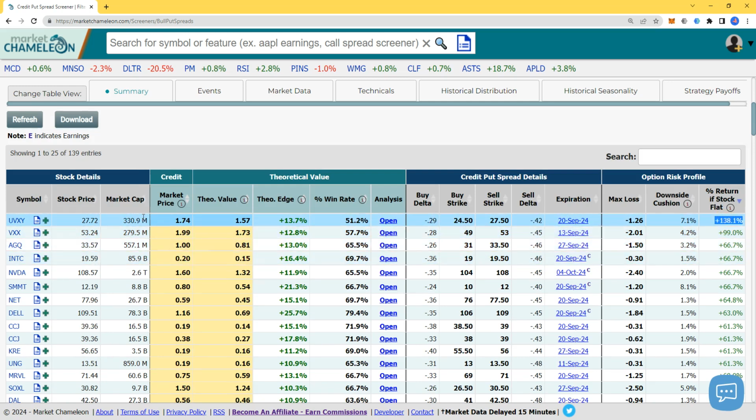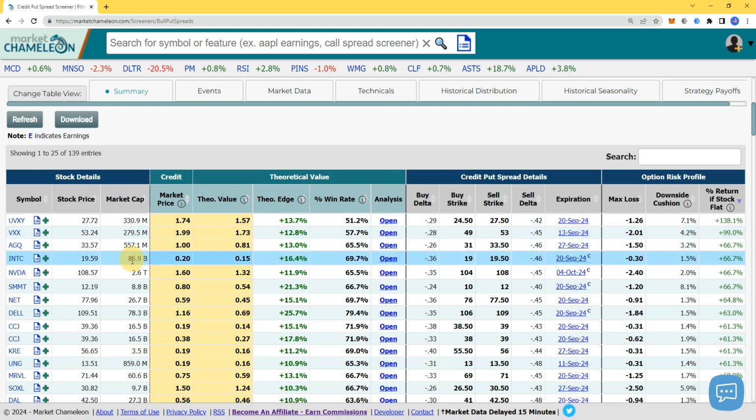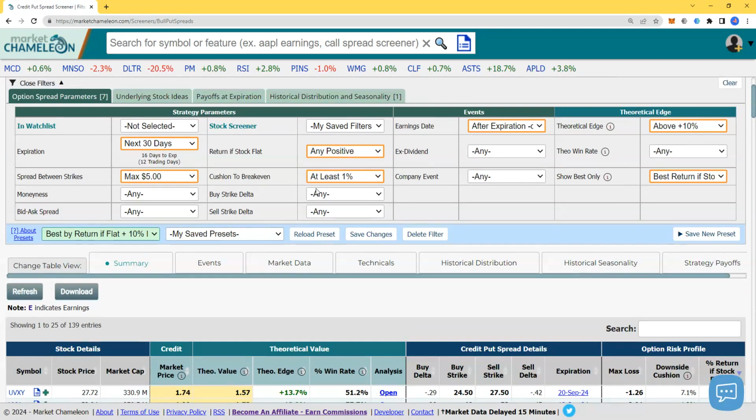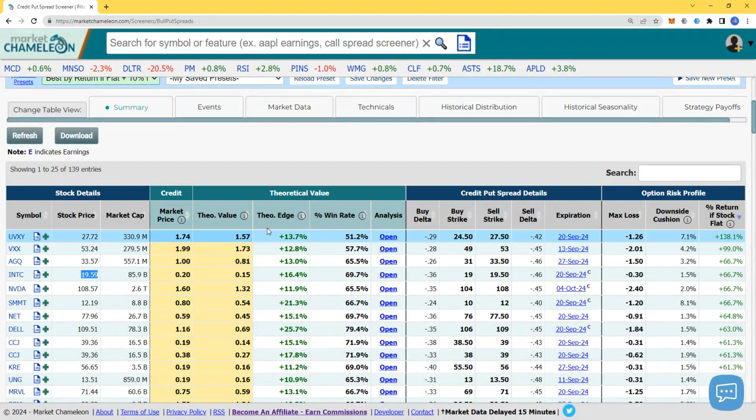I'm looking for something that I know. Something that I know, so that's Intel and Nvidia. Let's see what we got for Intel. 19.6 is the price today. Okay, now I hope you understand why I moved here, because we are doing the filter best return if stock is flat. So if return by flat, I'm not gonna play around.